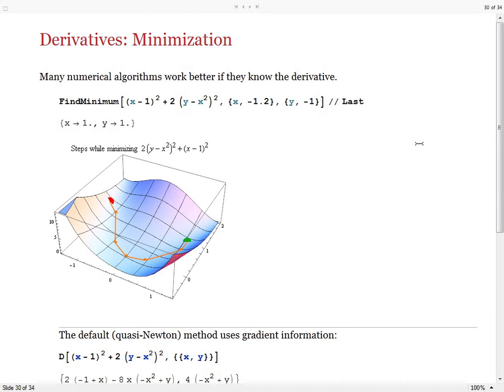Many numerical algorithms, especially in the area of optimization and root finding, perform much better if they have access to the derivatives of the functions being solved or optimized. This is because, in the case of minimization, the algorithms essentially need to roll downhill towards the local minimum.